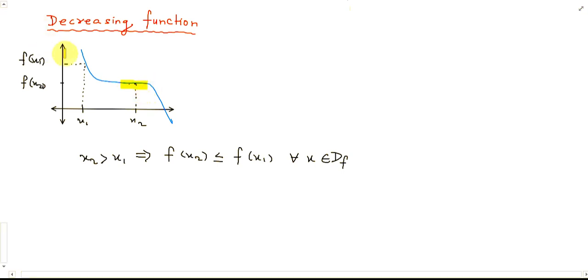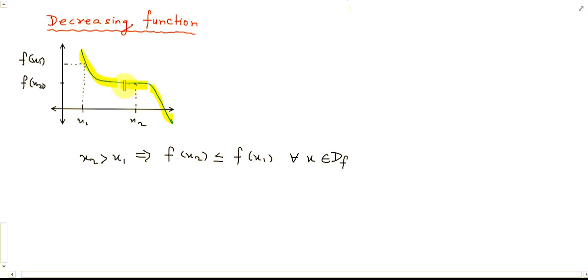And if we now focus on x for this region and x for this region, we find that f of x2 is less than f of x1. If this condition is fulfilled, then the function is said to be a decreasing function.